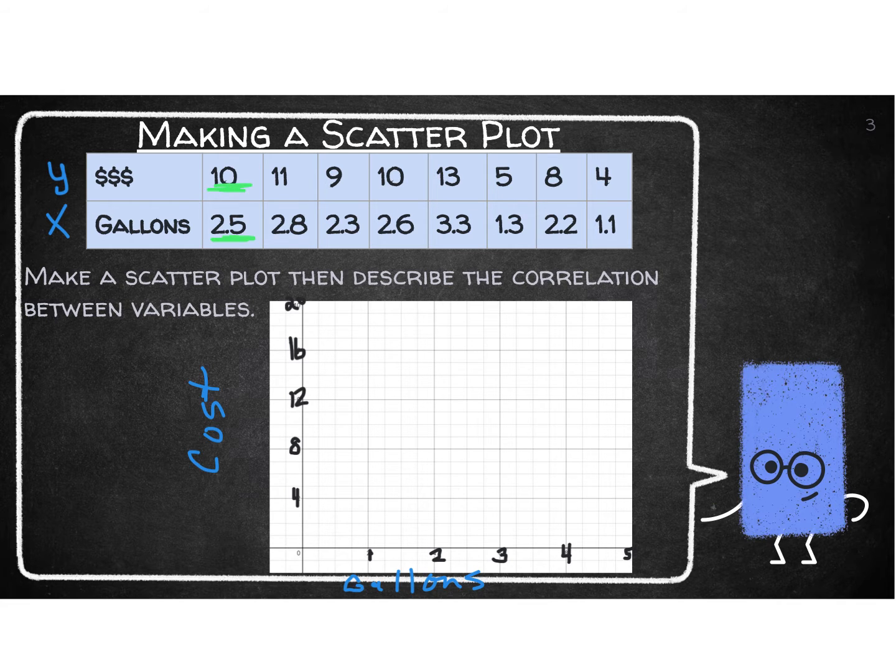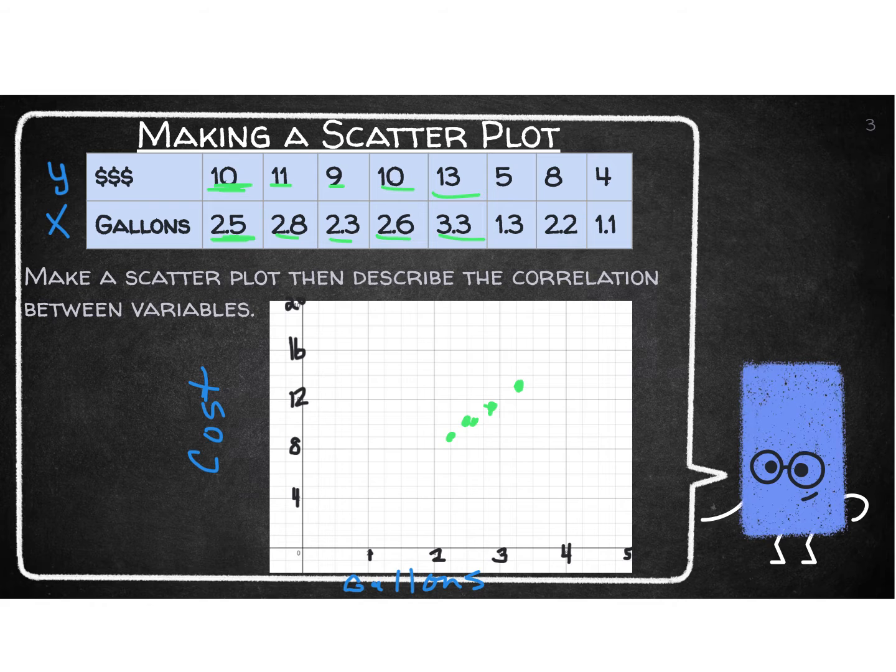So 2.5 up to 10, which would be like right here. 2.8 up to 11, which would be like right here. 2.3 up to 9, so like there. 2.6 up to 10, so that's kind of next to that other point that we already put there. 3.3 up to 13, so that would be like right there.